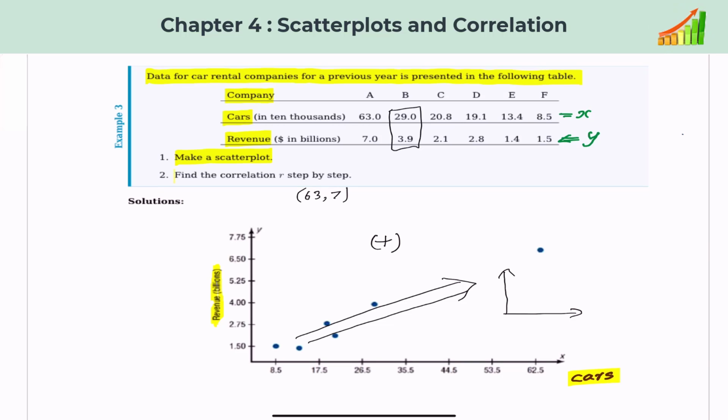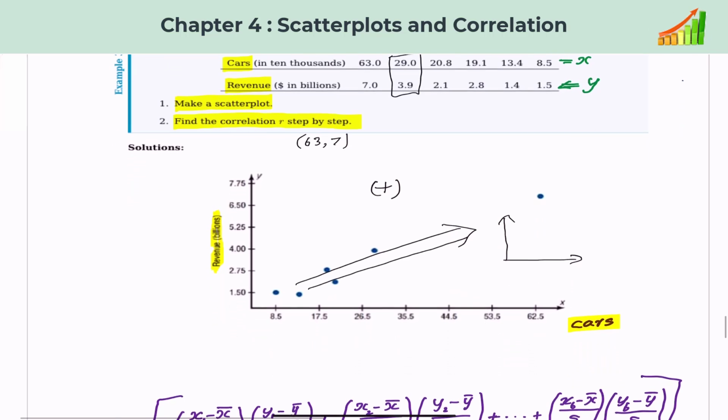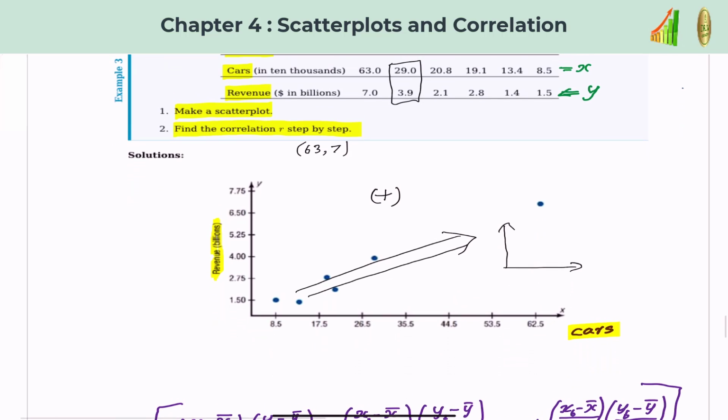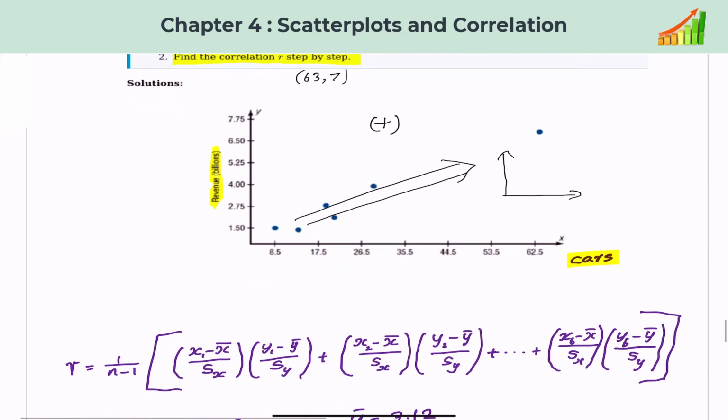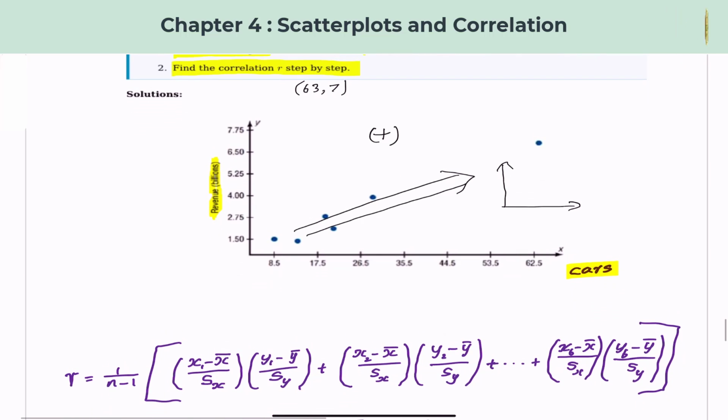The second one, find the correlation R step by step. First, write the equation for this example. How many points do we have? We have 6 points. 1, 2, 3, 4, 5, 6 points. So, I write the equation for the 6 points.